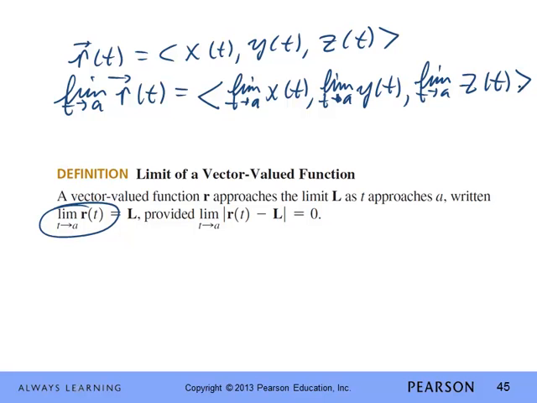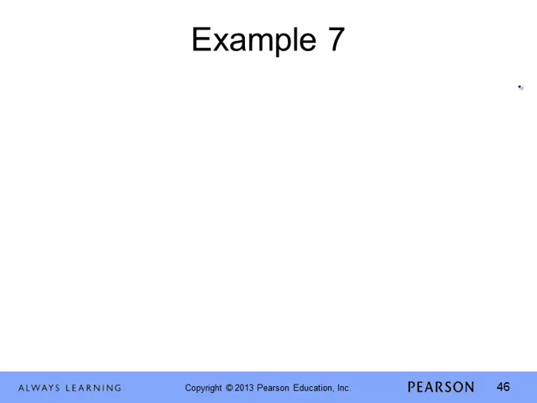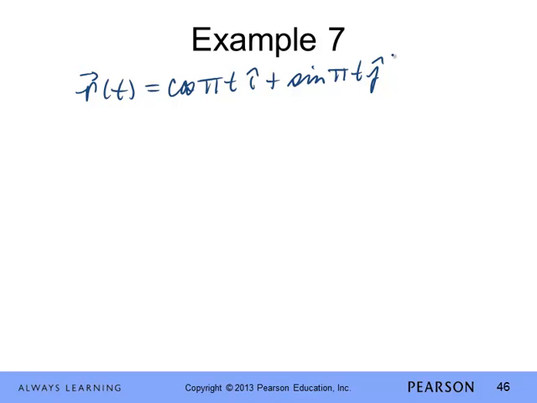So let's take a look at example 7 on page 826. So suppose that we've got r of t is equal to cosine pi t i hat plus sine of pi t j hat plus e to the negative t k hat for t greater than or equal to 0.